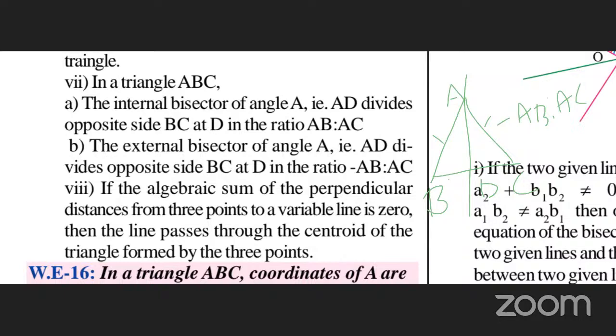Then the external bisector from A will divide line BC at D in the ratio minus AB is to AC.